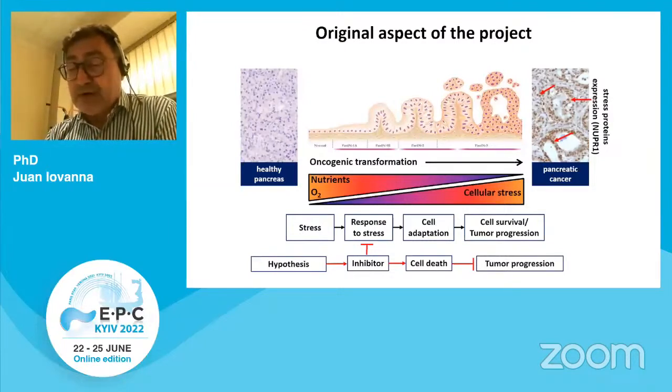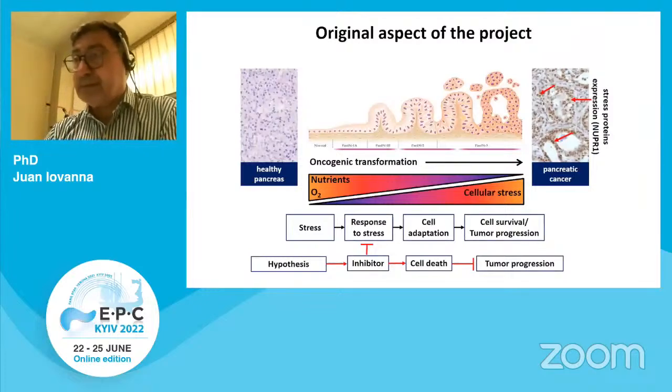Here you can see on the right part that the expression of NUPR1 protein is strongly activated in cancer cells, but its expression is undetectable in the healthy tissue on the left part of the slide. This is why this protein could be a good candidate to be used as a target to inhibit tumor development.